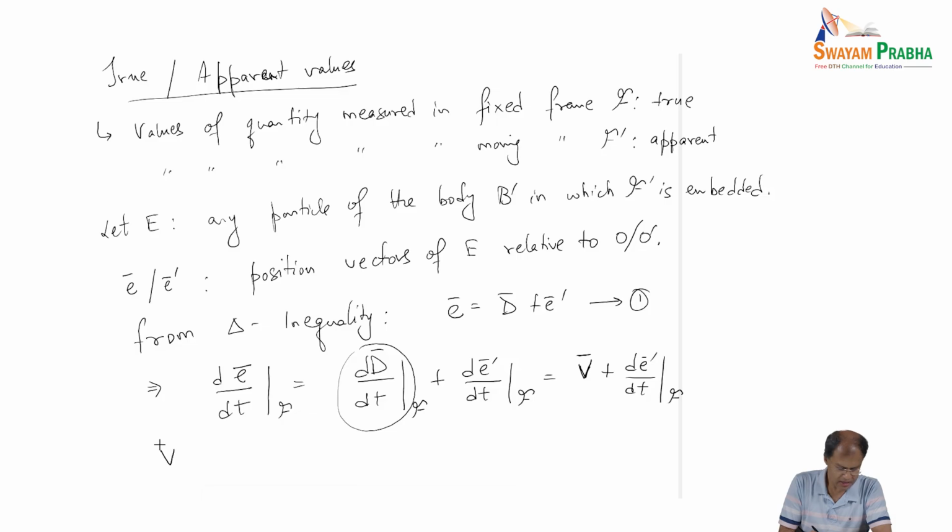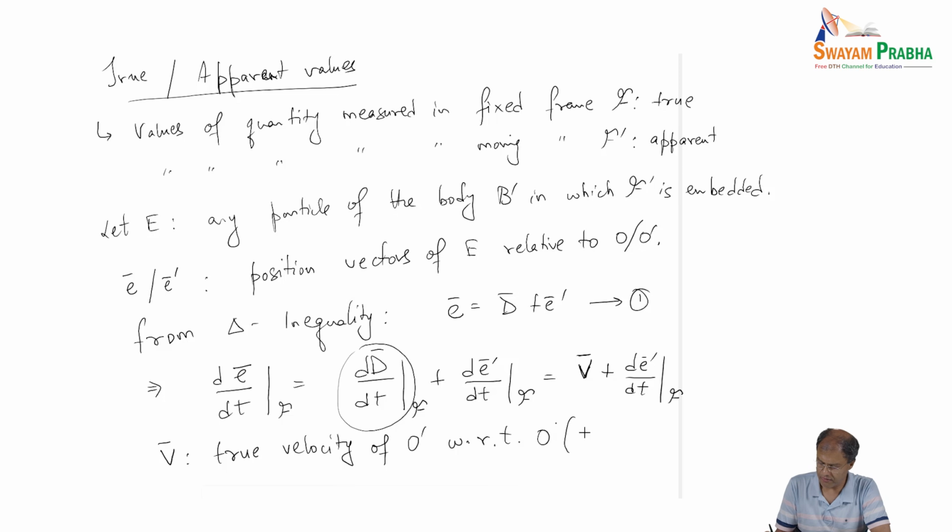Okay, so v now is the true velocity of O, the true velocity of the origin of the moving frame, or the velocity of the frame F prime with respect to F.